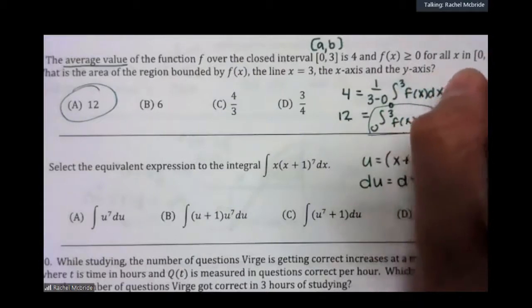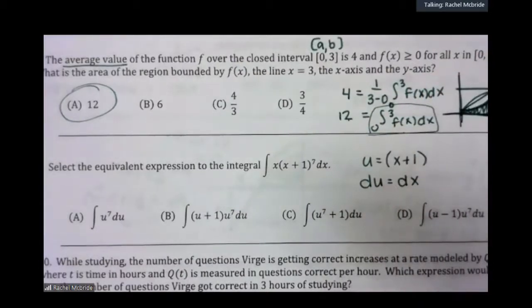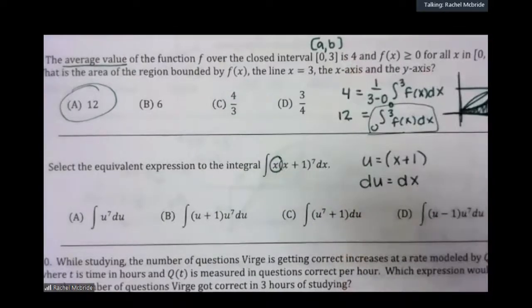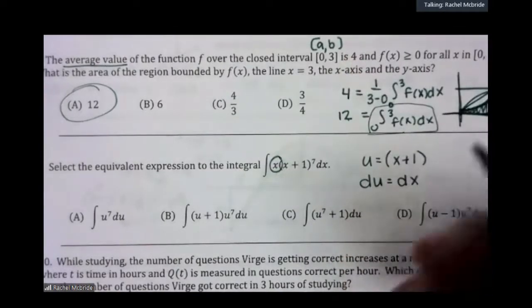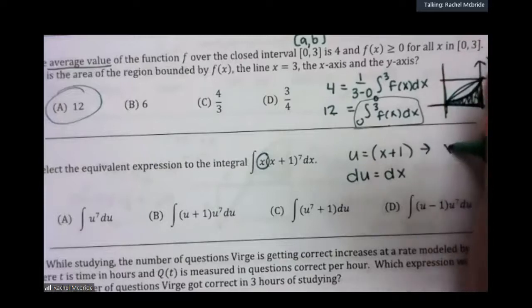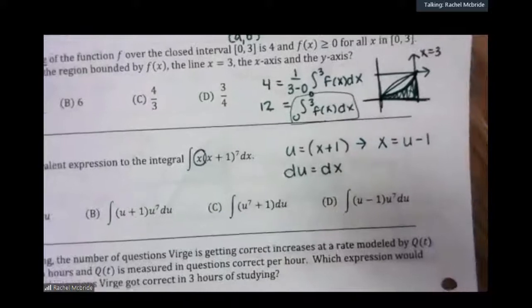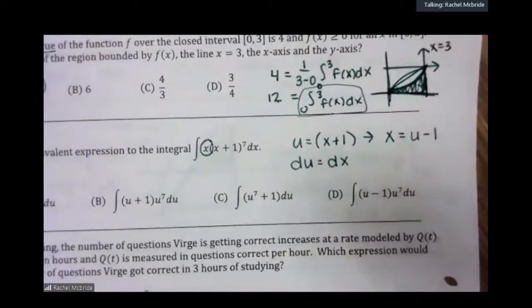du would equal dx. But then we run into the problem that we have that extra x. So that's the case where I have to rearrange and solve for x over here and say that x is actually equivalent to u minus 1. So if u is equal to x plus 1, x is equal to u minus 1.